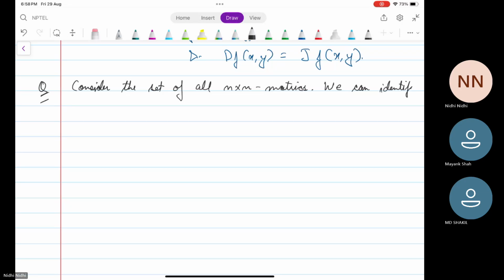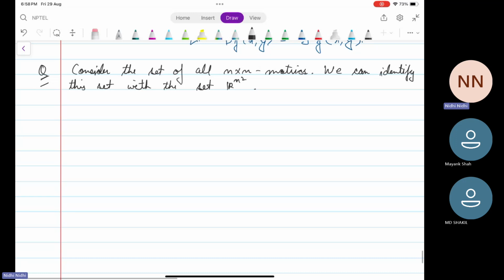Hence, the n cross n matrices become a normed vector space. Prove that norm AB, where AB is the normal matrix multiplication, is less than or equal to norm A times norm B.